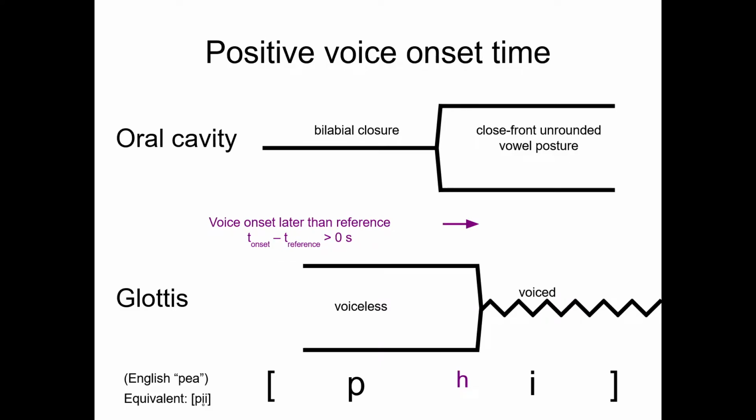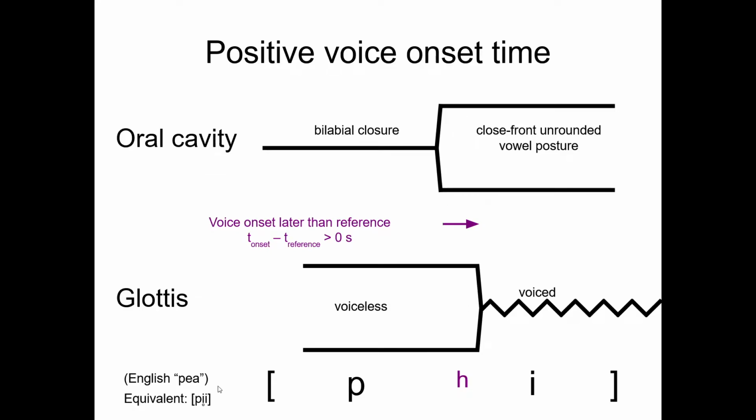Now, if we were to use another scenario where the onset of voicing in the glottis is pushed later, as we see here, then we have this interval between the opening of the oral cavity and the onset of voicing, where we have essentially a voiceless vowel.